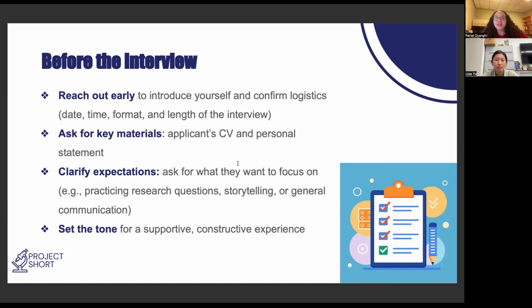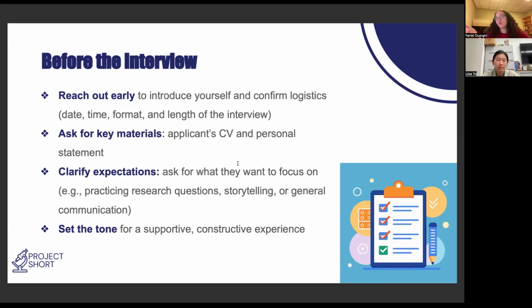I would also recommend that you ask for key materials, specifically the applicant's CV and their personal statement, and this will really help you customize the interview questions that you'll be asking them. And I think it's also really helpful to clarify expectations. So I would encourage you to ask them what they want to focus on. Some people might want to prioritize practice on research questions and how to answer those.